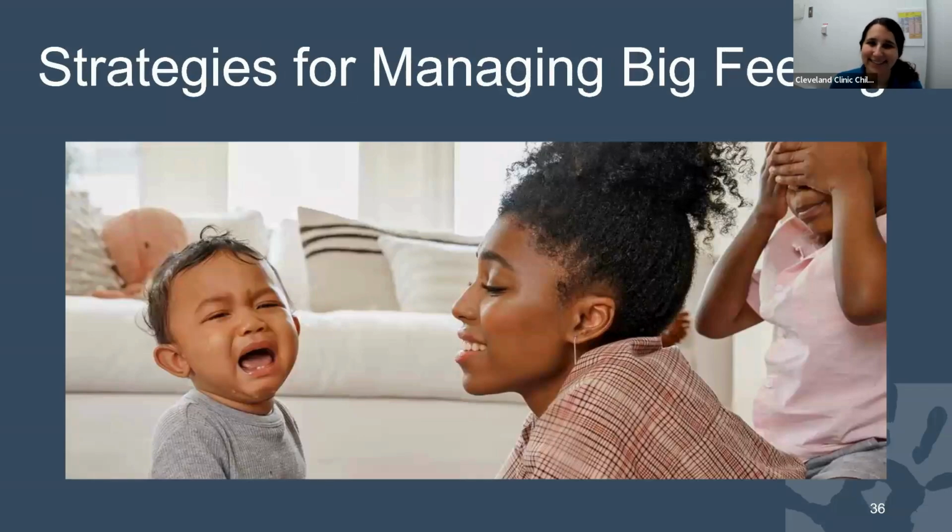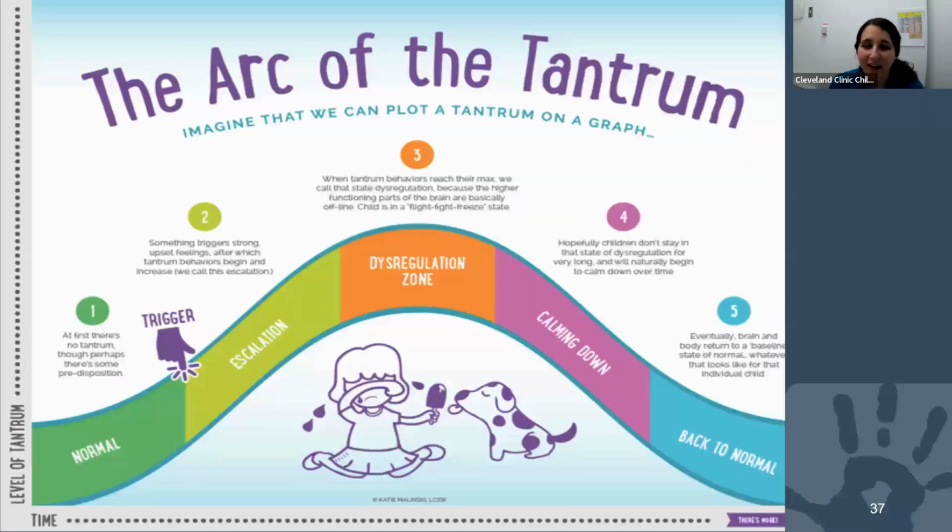All right, strategies for managing big feelings. I'm just going to go through this briefly, but please feel free to pause your screen so you can read more about this. One thing that can be helpful is to think about a tantrum or even a meltdown as an arc or maybe a graph.